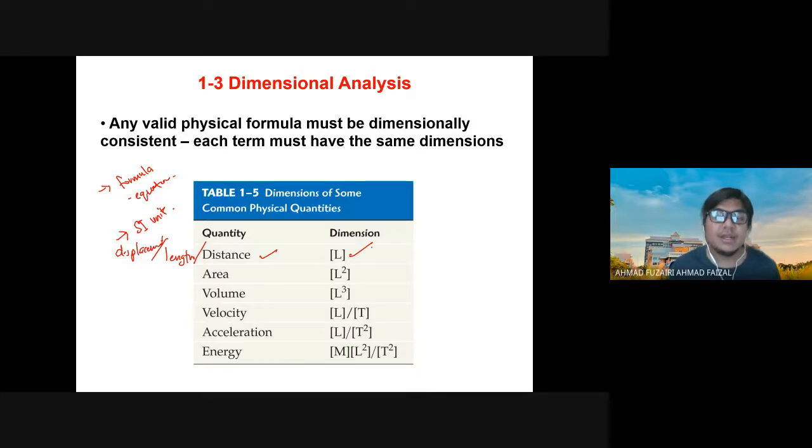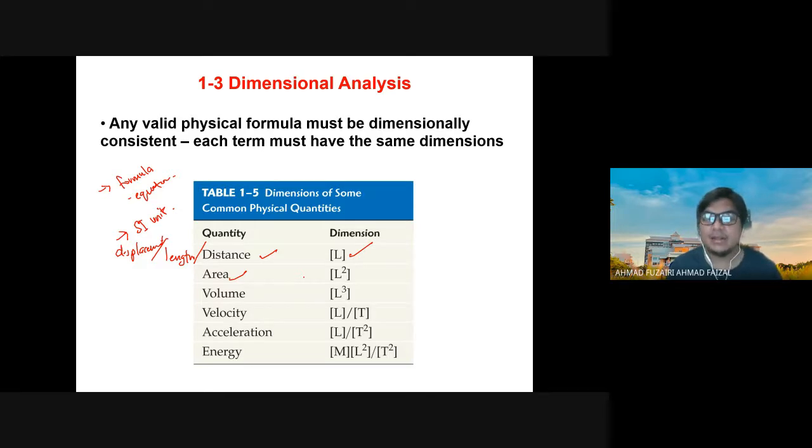So any quantity that is related to length, you can use L. And how about area? Area is obviously a derived quantity. To get area is basically width times length. Panjang kali lebar in Malay, but in physics, when we use dimensions, all values become length.